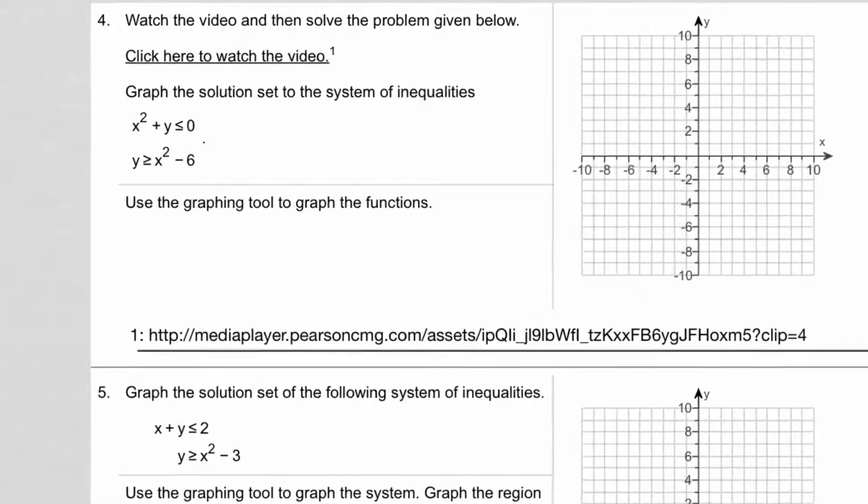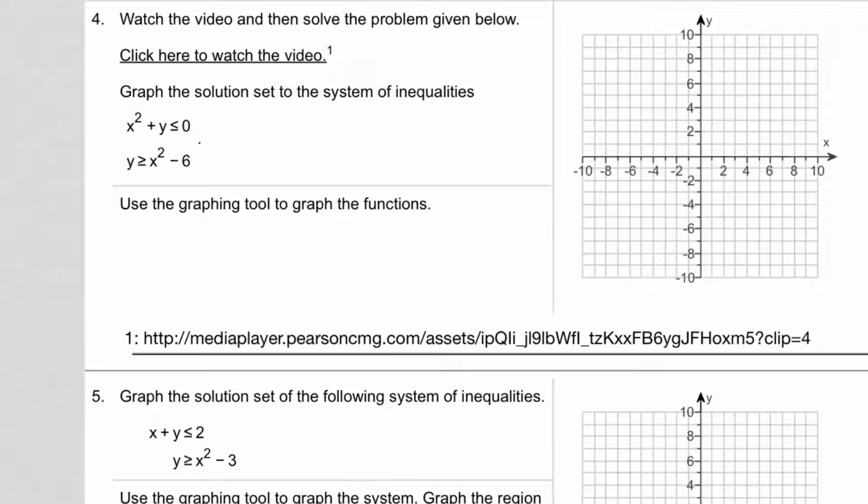Okay, let's do number 4. Number 4 is our first system, okay? So we have a quadratic here, which is a parabola. And we have another quadratic.